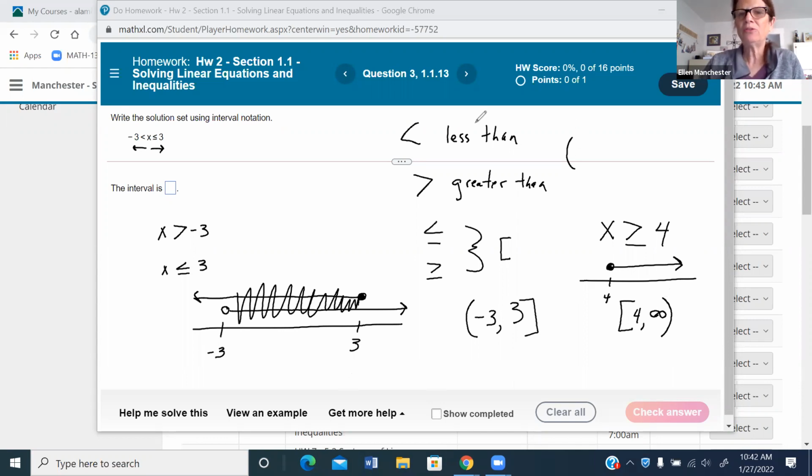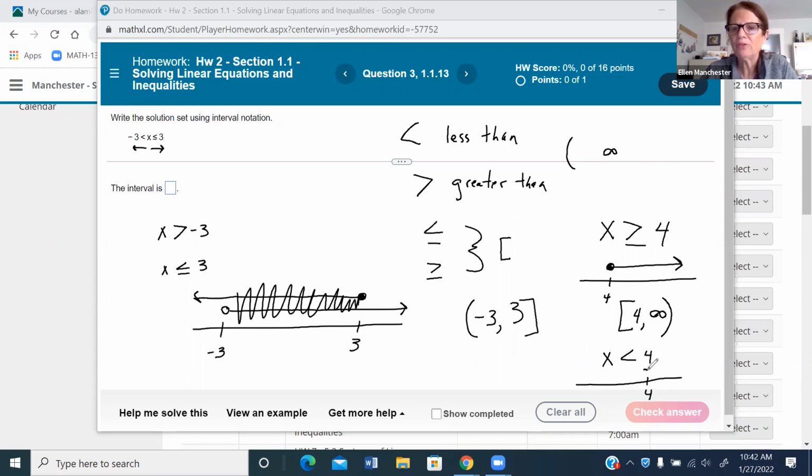So the parenthesis is used for less than, greater than, and anytime you have an infinity, because it doesn't stop. It just keeps on going forever. And the same thing going in the other direction. If I had X is less than 4, graphically this is what it looks like.